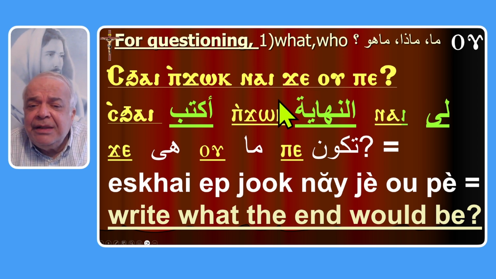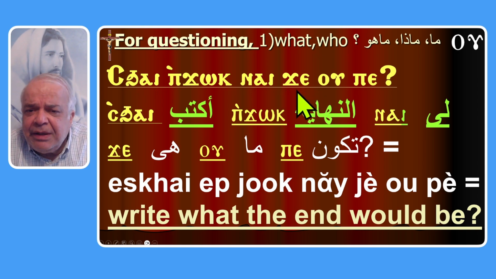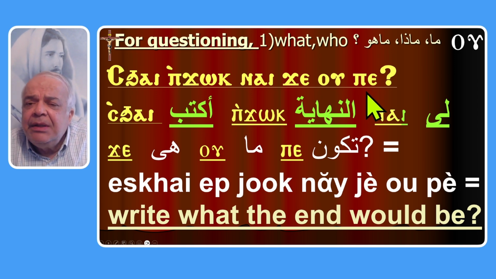We don't say it in English the same way or in Arabic, but in Coptic we have to say that. J, what is, or verb to be. O, epsilon here is the questioning mark or interrogation mark or article, which means what or who. P, that's verb to be for masculine singular.